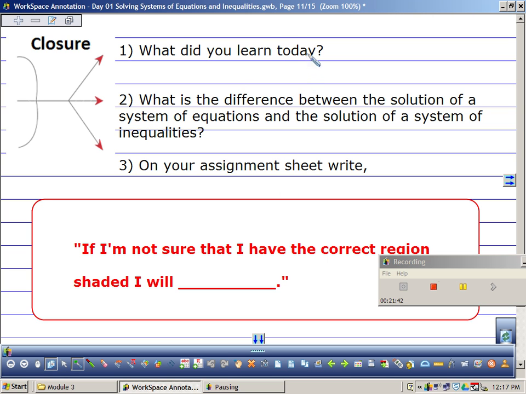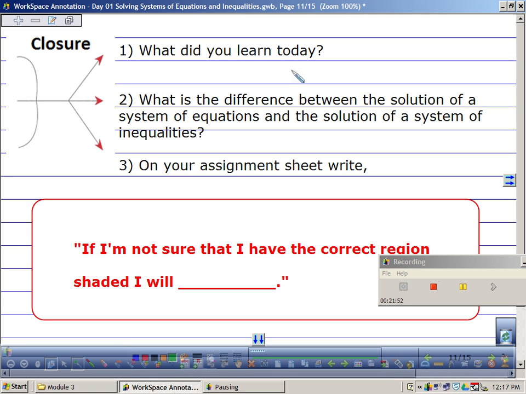All right, what did you learn today? All right, guys, I need you right here, please. 5, 4, 3, 2, 1. What is the difference between the solution of a system of equations and the solution of a system of inequalities?